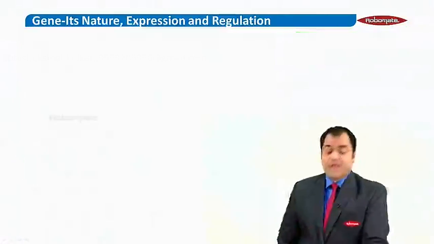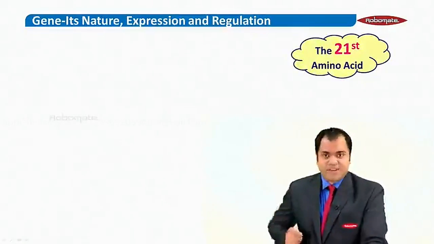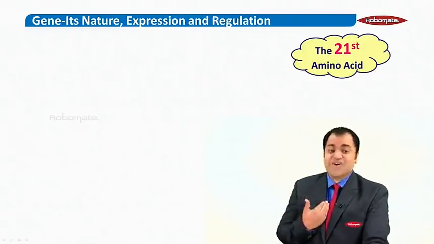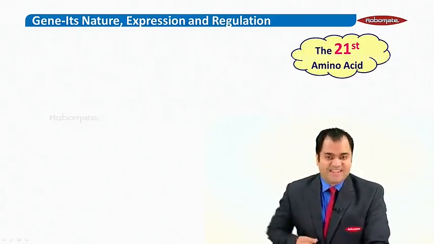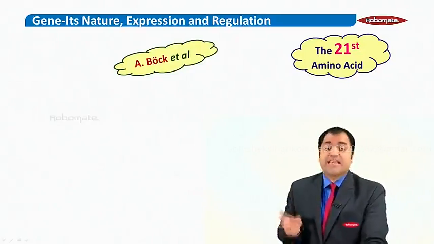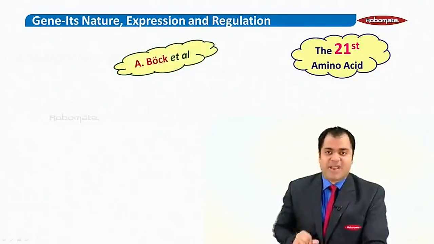Moving on, let us talk about the 21st amino acid. You would say 21st? But I just know of 20 amino acids. Never mind. In the early 1900s, A. Bock and his co-workers discovered and suggested the presence of a 21st amino acid.